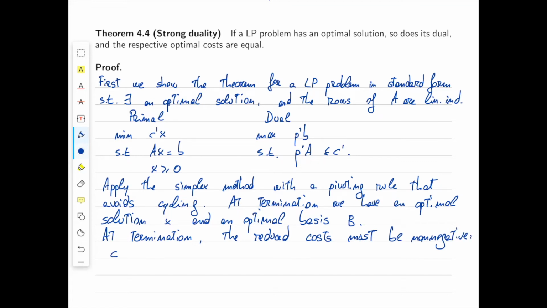Now the reduced costs, C bar, are defined as C transpose minus P transpose A, and they're greater than or equal to 0, where, as usual, P transpose is defined as C_B transpose B inverse. Now the fact that P satisfies C transpose minus P transpose A greater than or equal to 0 exactly means that P is a feasible solution to the dual.